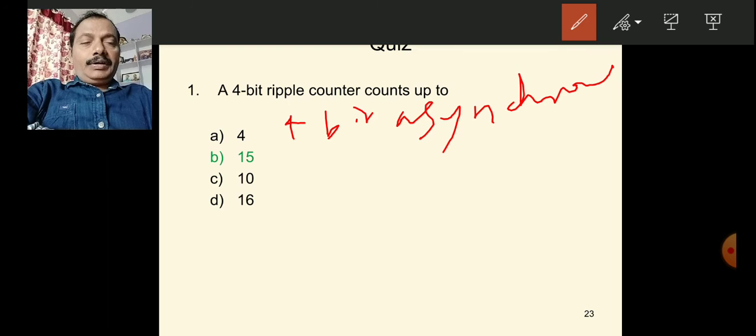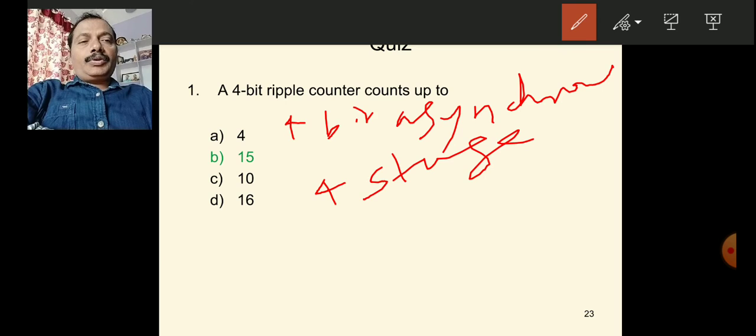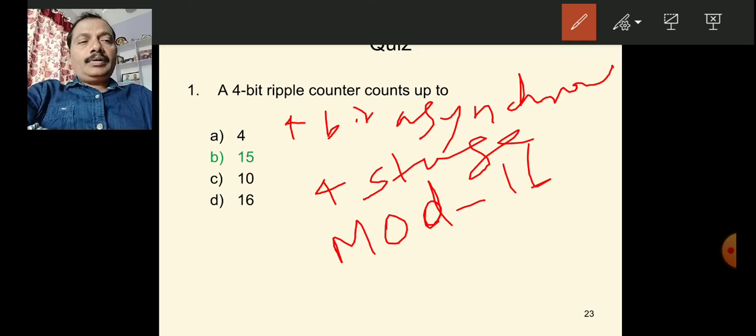Otherwise, you can call it a 4-stage ripple counter, or a 4-stage asynchronous counter, or a mod 16 counter.